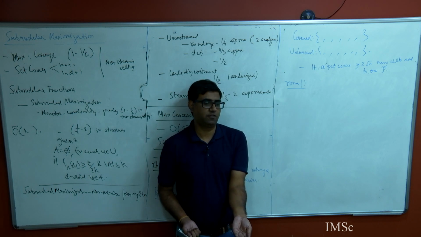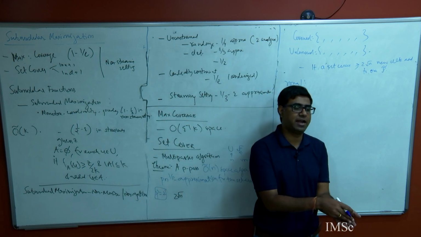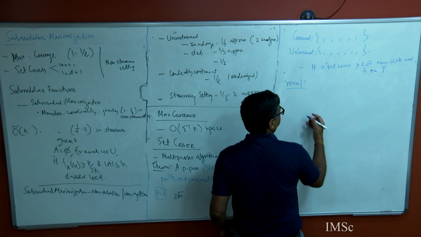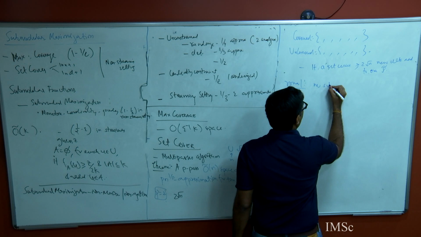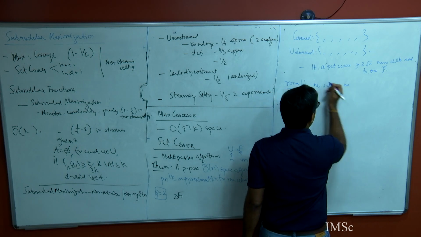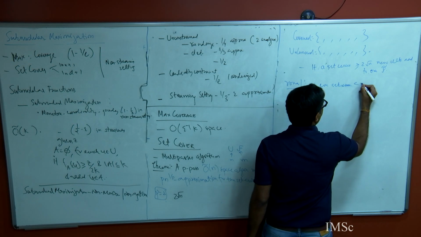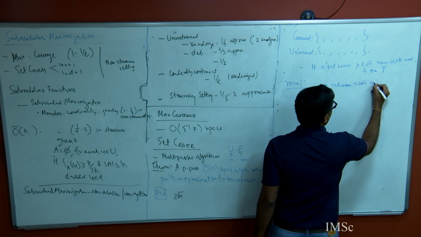It is strictly less than 2 root n. Later, I might have added those elements because of some other set. But after round 1, every set covers strictly fewer than 2 root n new elements.